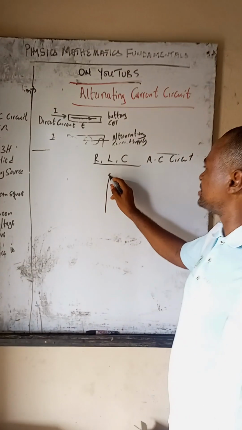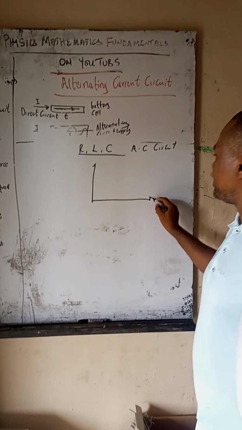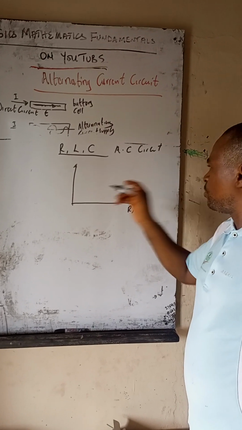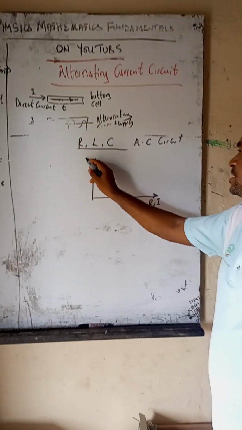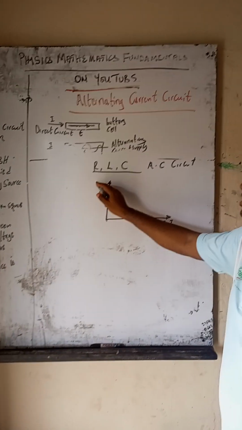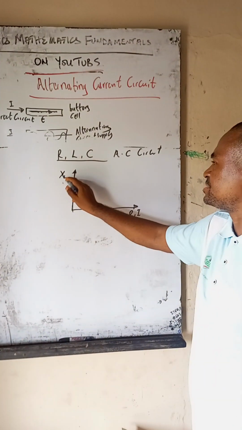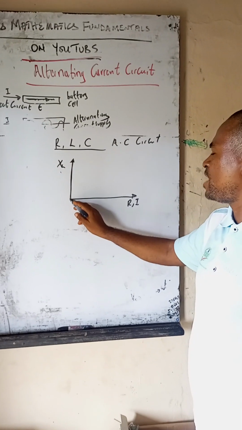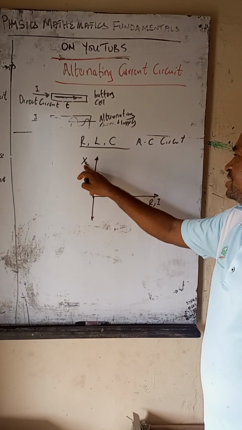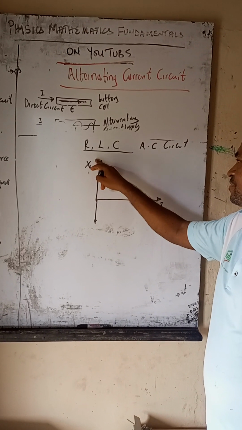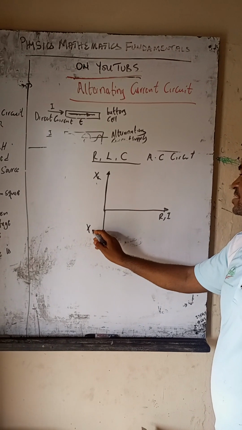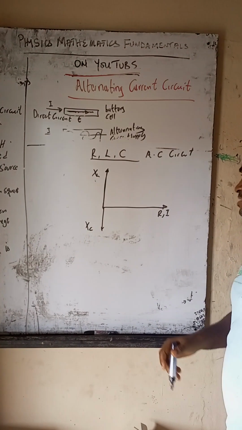So if I have this graph here, my resistor is on the horizontal axis together with the current, while the inductive reactance is in the positive direction of the y-axis, while the capacitive reactance is in the negative direction of the y-axis.